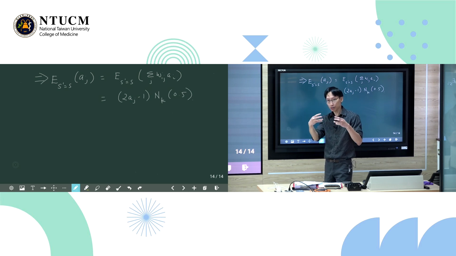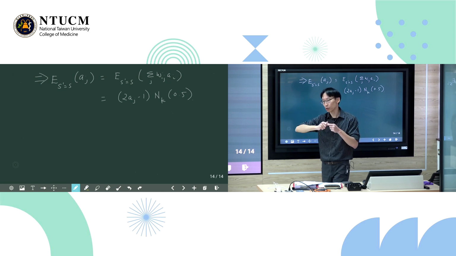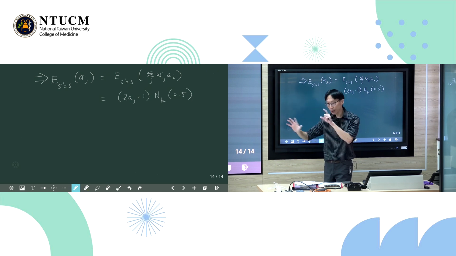Because of that, if you're mathematically inclined, you can express these equations and use them. You can derive their derivatives, or you can play some arithmetic with them.